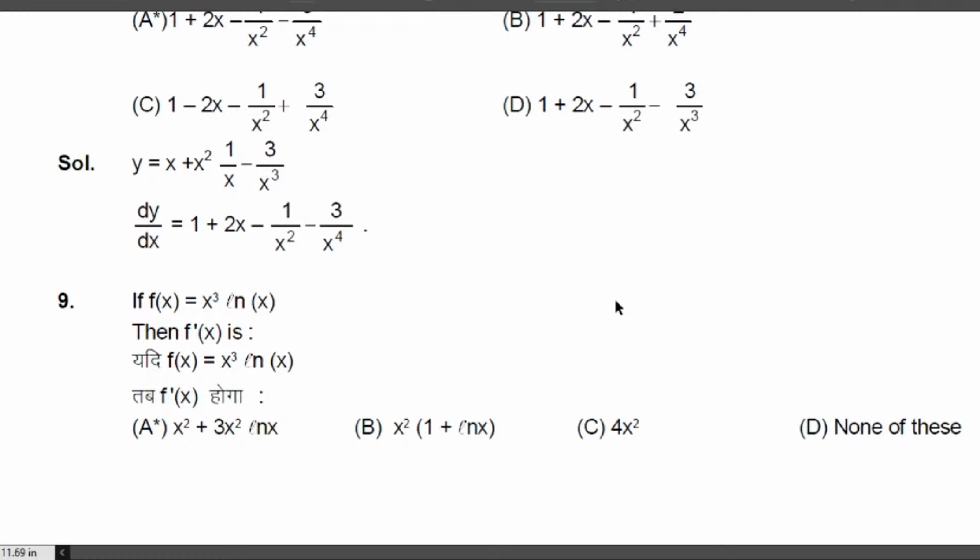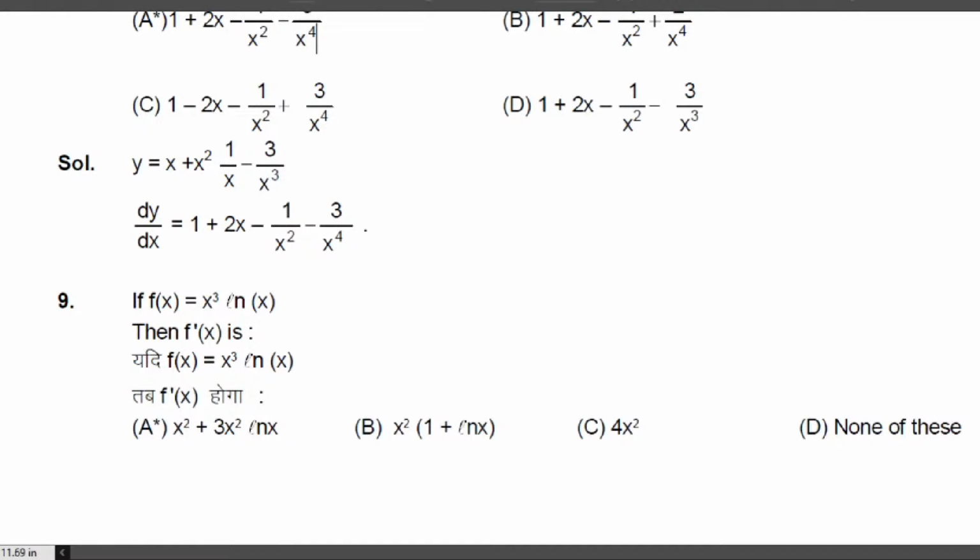If f of x is equal to x cube times natural log of x, what's dy by dx? Or he has written what is f dash of x. The question is actually given in a different style.